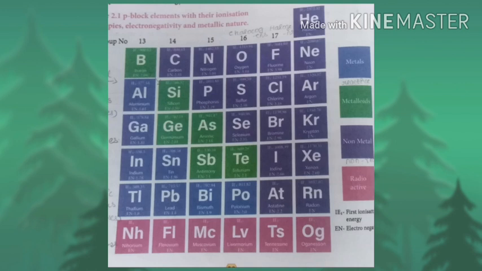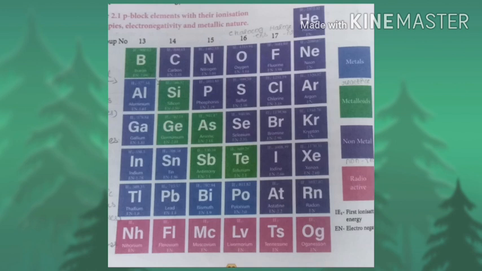When you move from top to bottom in a group, its size will increase, whereas the ionization energy will decrease. So once the ionization energy decreases, its metallic character increases. What is ionization energy? It is the amount of energy required to remove the most loosely bound electron.